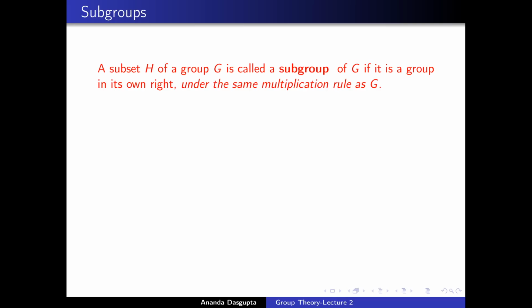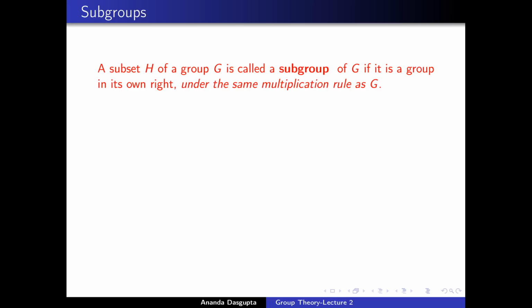Once again, with abuse of language, we will just say SLNR is a subset of GLNR. And SLNR, as we had already seen before, is actually a group in its own right under the same multiplication rule as GLNR, namely the multiplication of matrices. So SLNR is a subgroup. Similarly, ON, the set of all orthogonal n by n real valued matrices, is actually a subset of GLNR.